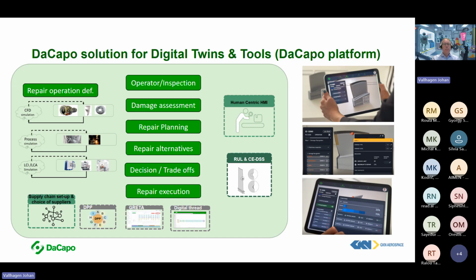But what we want to accomplish with the combination of this digital twin approach and some of the other tools in the DaCapo project is a platform supported with a digital thread solution to get this integration and interoperability. On the bottom side you have the analysis tools that help you to do it, and a data transferring tool like the digital product passport, for instance.